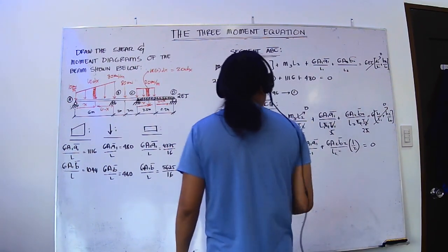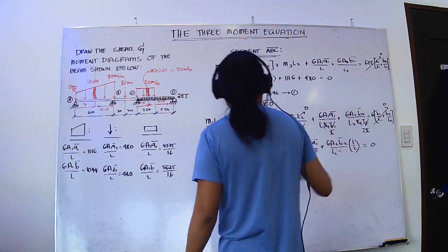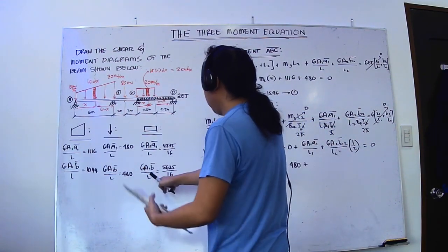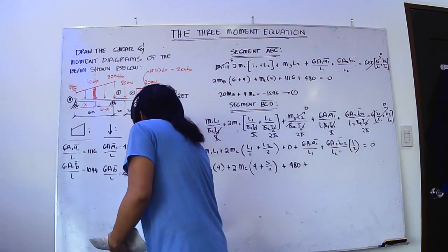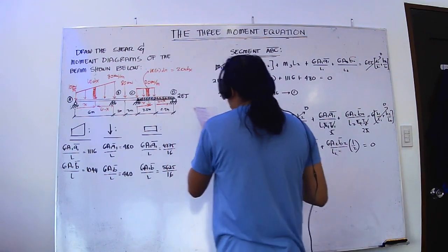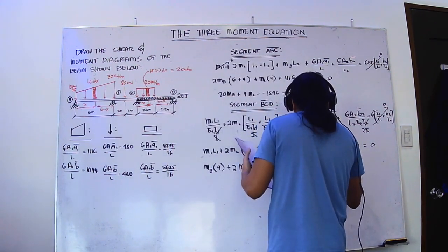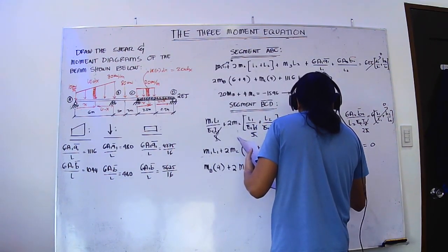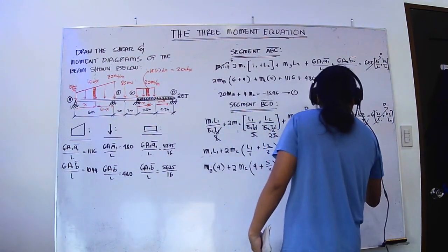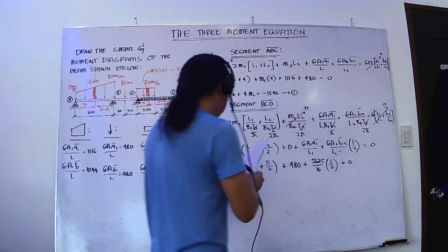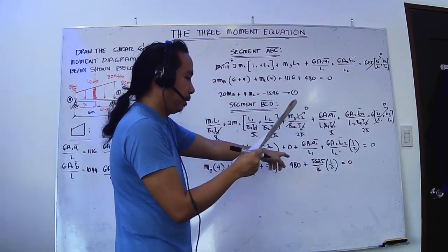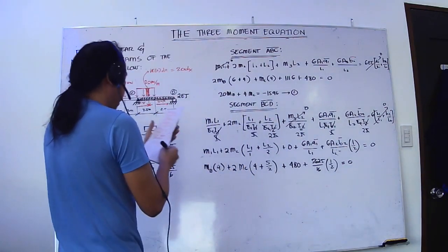Plus 6 A2 b2. That is from the distributed load. A2 b2 is equal to 5625 over 16 times 1/2. Okay? That is all equal to 0. So 4, this, plus 480 plus this.